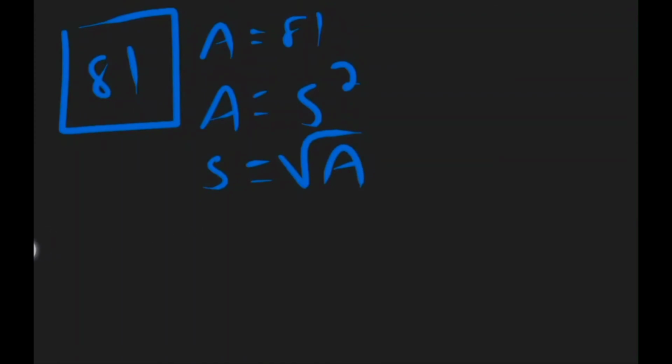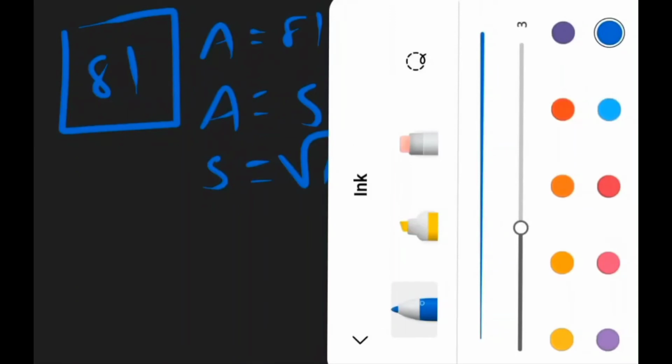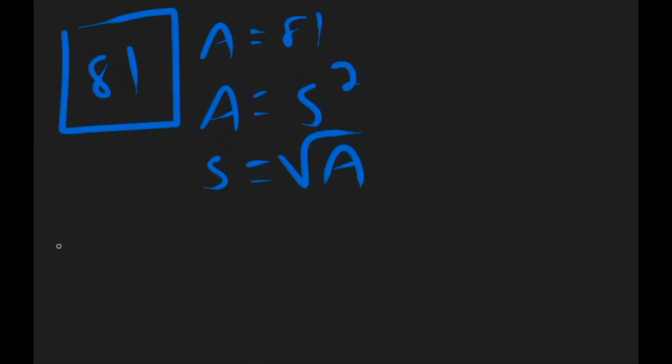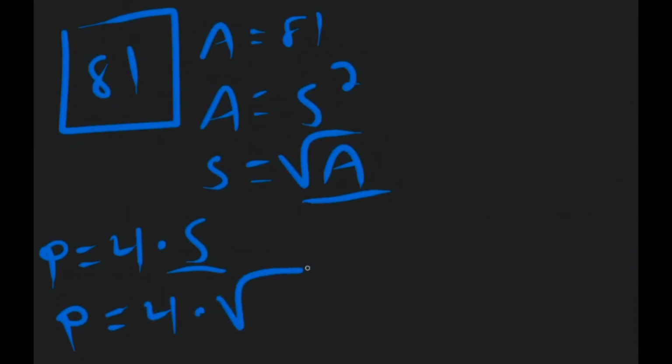So when we have the equation for the perimeter equals 4 times the side, we can substitute square root of the area in for the side. So the perimeter equals 4 times the square root of 81, which equals 4 times 9. So the perimeter equals 36 for this square.